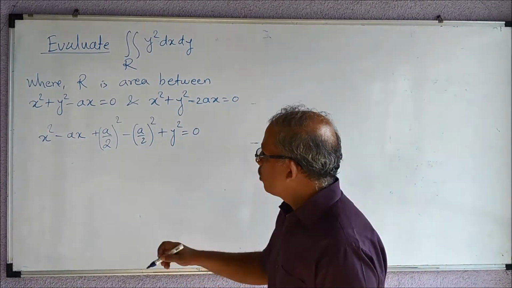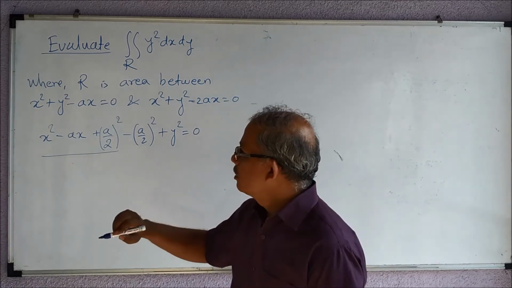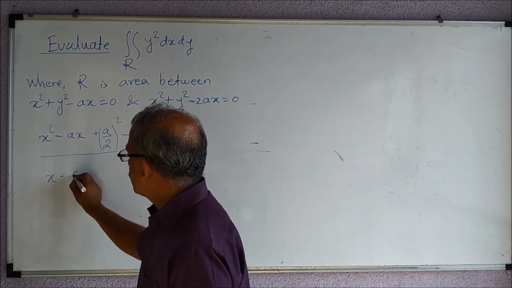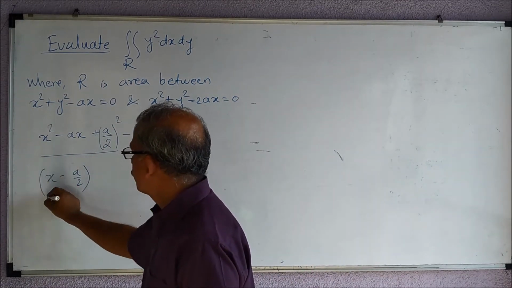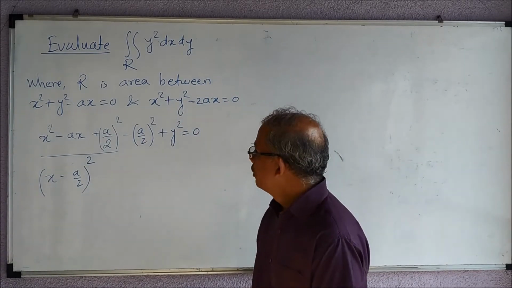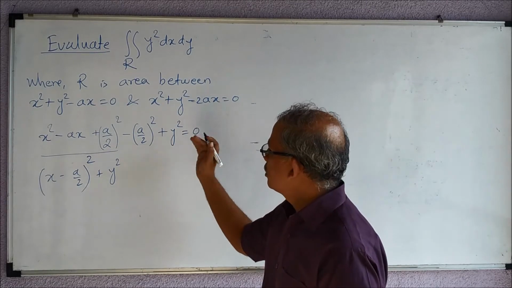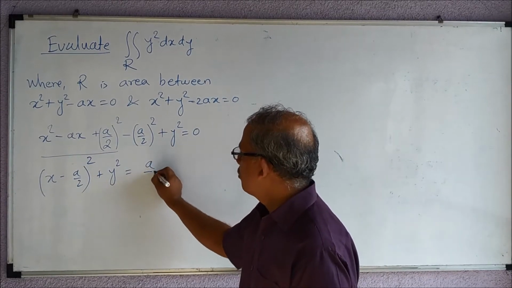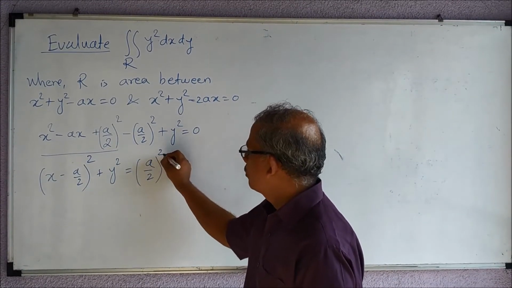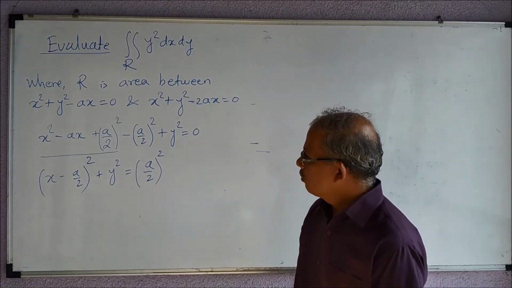Now you observe this part. This part is (x minus a by 2) bracket square, right? Then I'll write y square and I'll send this over here. This is (a by 2) square. Fine. So now we can compare this.